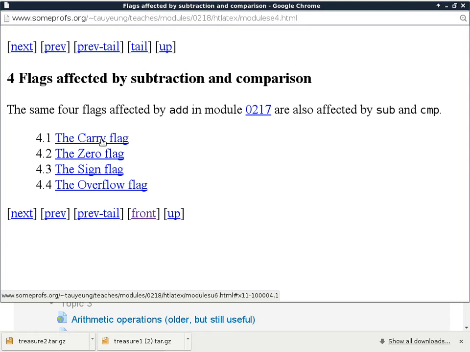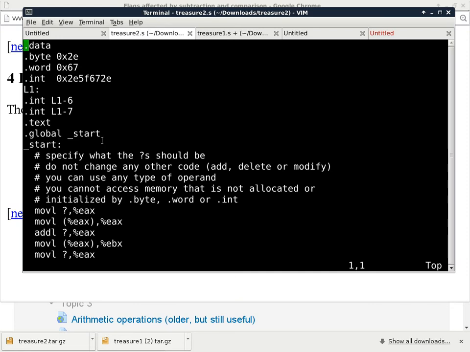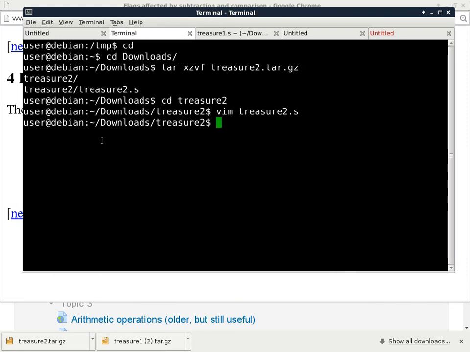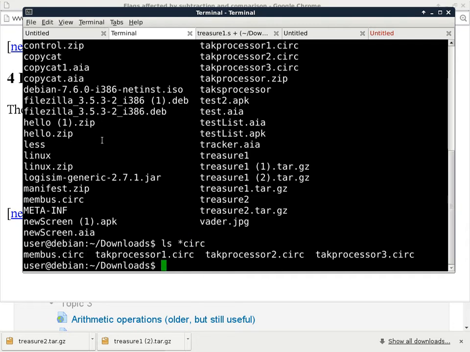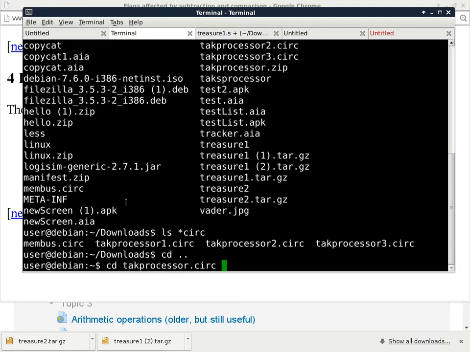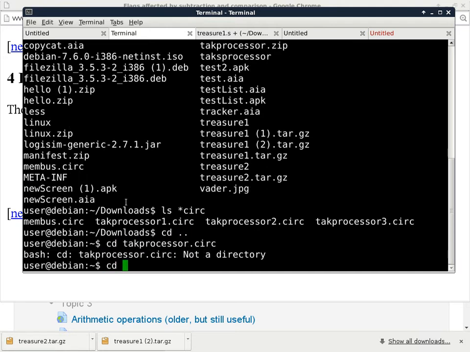So what I'm going to do is I will make a copy of the logic sim file that we talked about last time. So let's take a look at the file names.